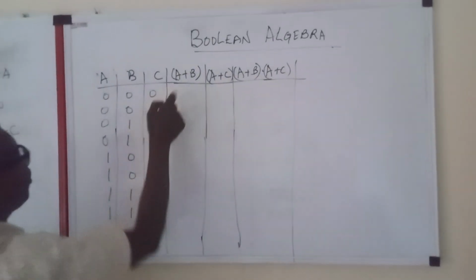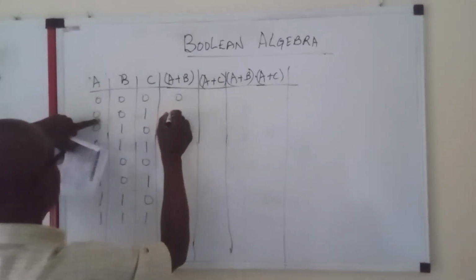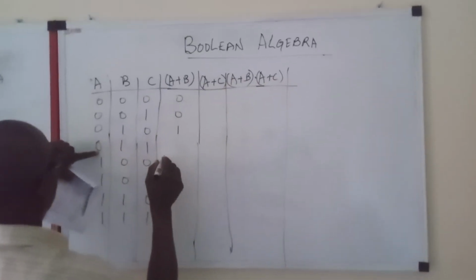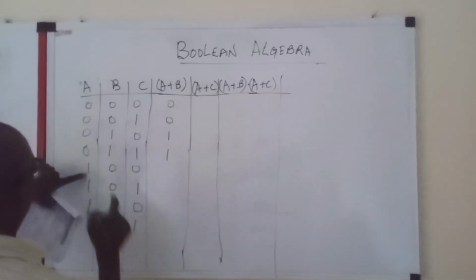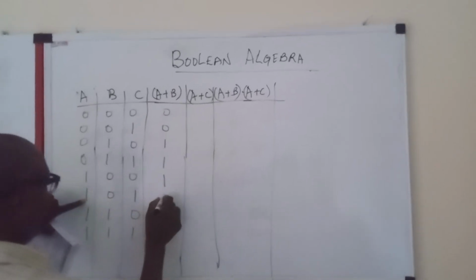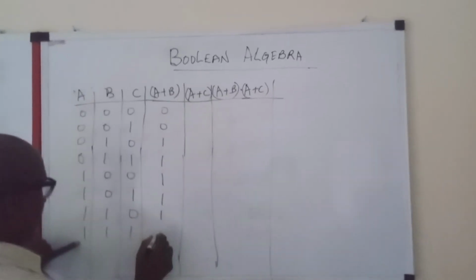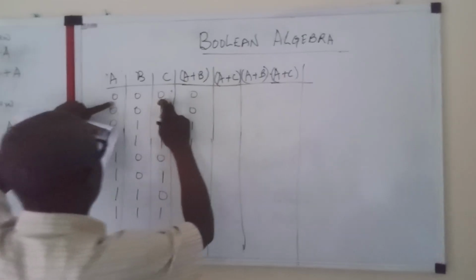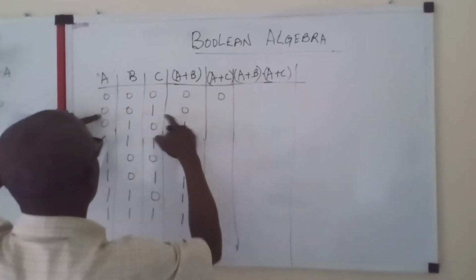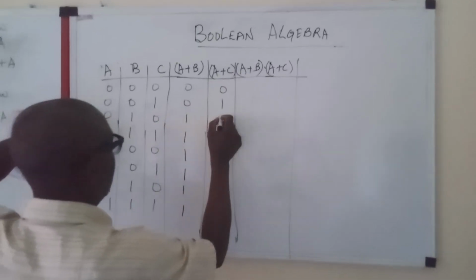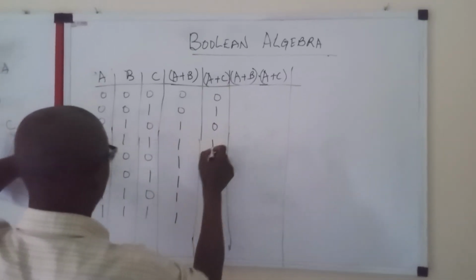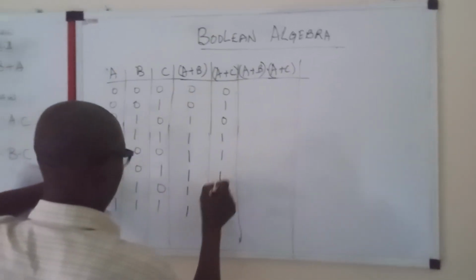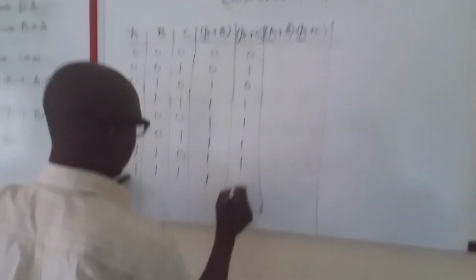now A or B, we have 0, 0, 1, and then A or B for the rest. That's that. Now A or C, we have 0, we have 1, we have 0, we have 1, and then we have 1, 1, 1, and 1.